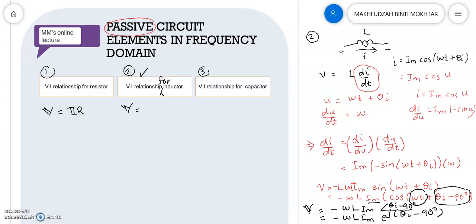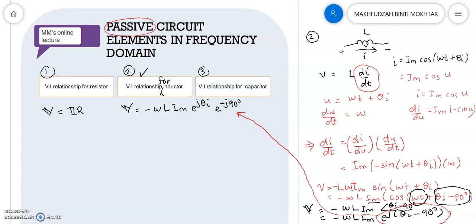So I have V equals negative omega L Im, and you have this exponent j theta I multiplied with exponent negative j 90 degree, right? Because we have this equation of exponential. So when I rewrite this in terms of the multiplication of exponentials, I get this, the multiplication of exponents.